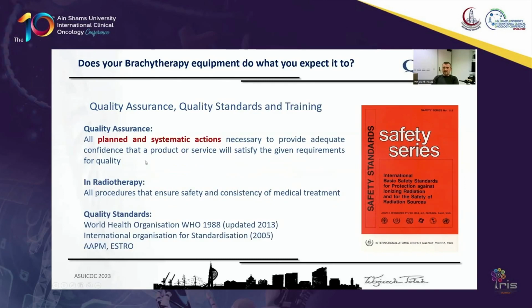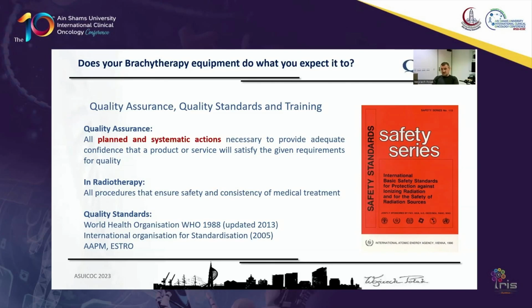And what it is, obviously, is all the planned and systematic actions necessary to provide adequate confidence that a product or a service will satisfy the given requirements for quality. And in radiotherapy and brachytherapy as well, of course, all procedures that ensure safety and consistency of medical treatment go under quality assurance.